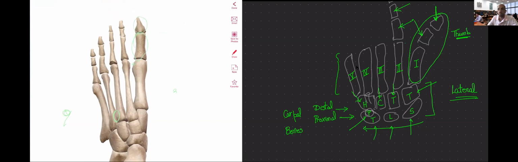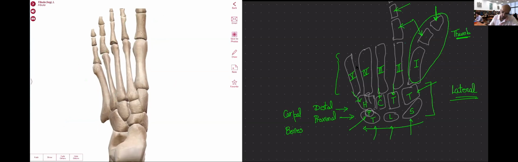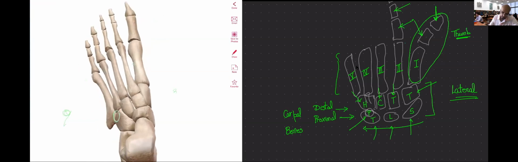It doesn't have a middle phalanx, unlike the rest of the four toes. The other four toes are gonna have proximal phalanx, middle phalanx, and distal phalanx. The only one that has proximal and distal only is gonna be my big toe. And the big toe tells you that this here is your medial side.